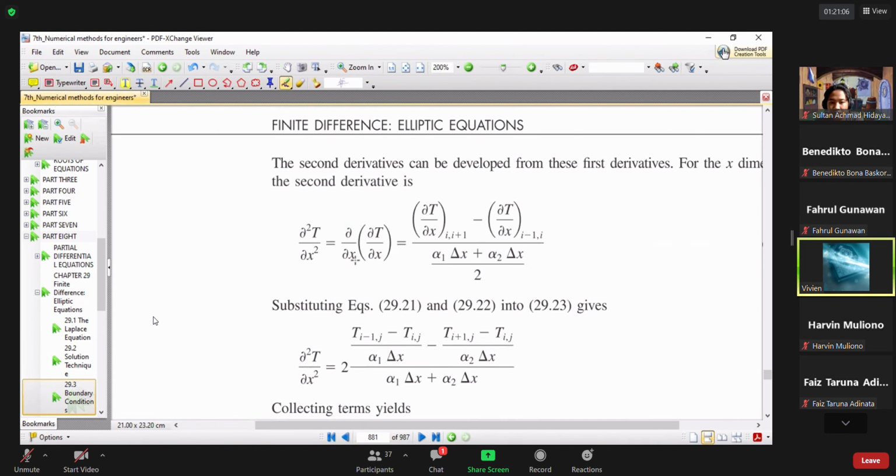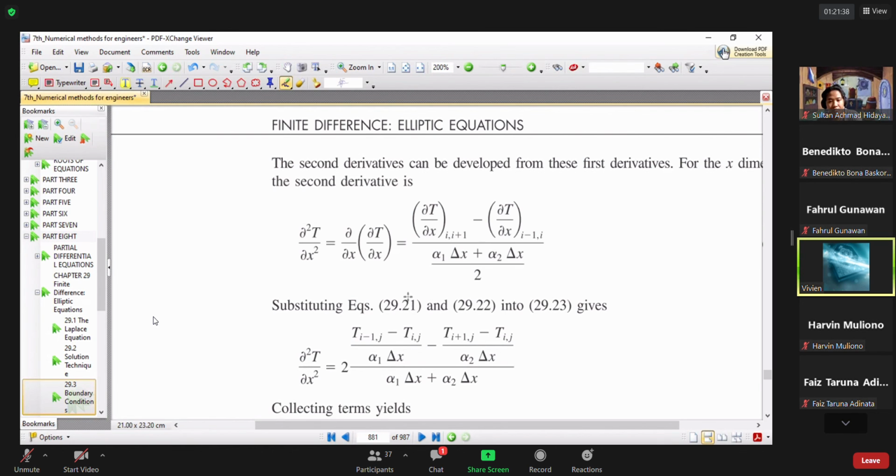The derivative of the first derivative will be del T del x at i plus 1, the gradient calculated from the forward scheme, minus the gradient calculated from the backward scheme, divided by the average delta x. So that will be alpha 1 delta x plus alpha 2 delta x, divided by 2.